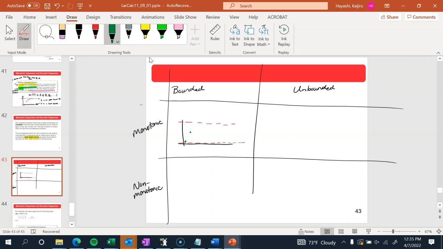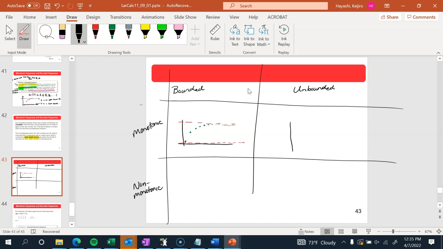If it's increasing by less and less each time, you can maintain this increasing property while never actually growing past a certain value. So it is possible for a sequence to be both bounded and monotonic.